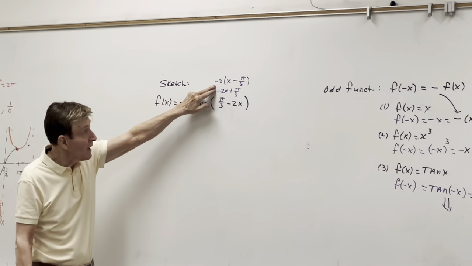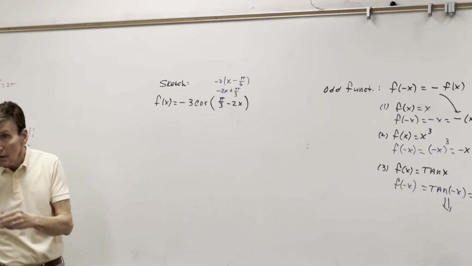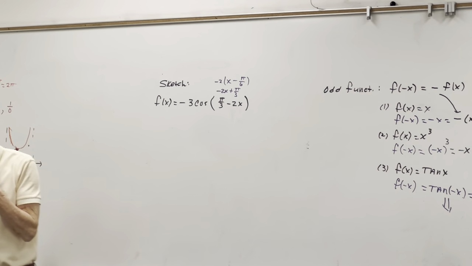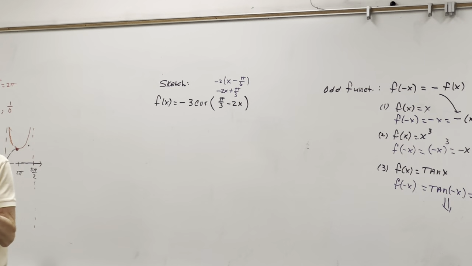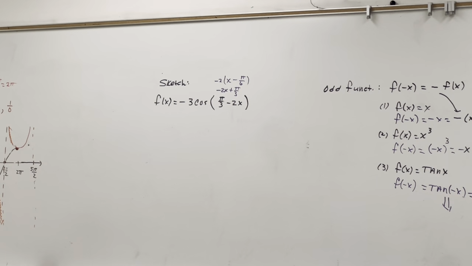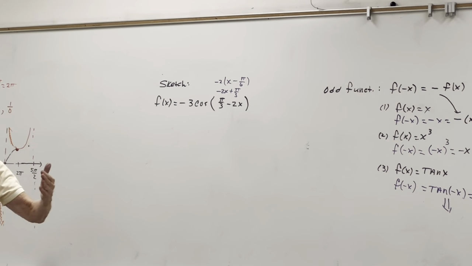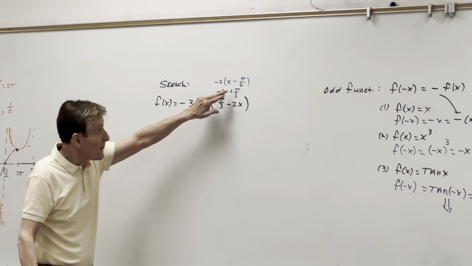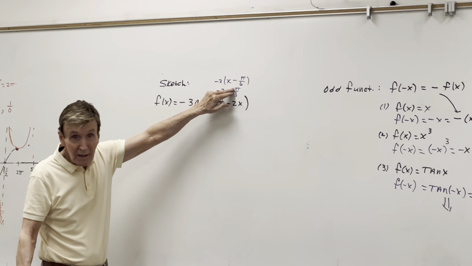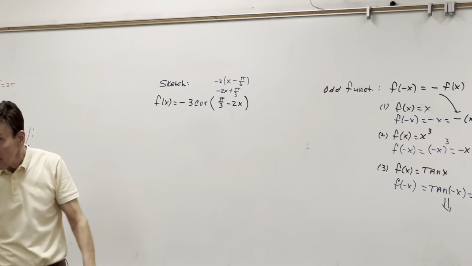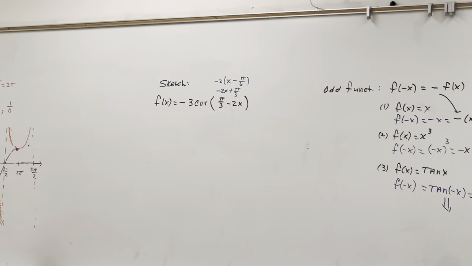As if that's not enough, now 2. What effect does the 2 have? A horizontal stretch or shrink of my graph. And as if that's not enough, that says at the end, do what after all this other stuff's going on? Horizontally shifted to the right, 5 or 6 to the right.